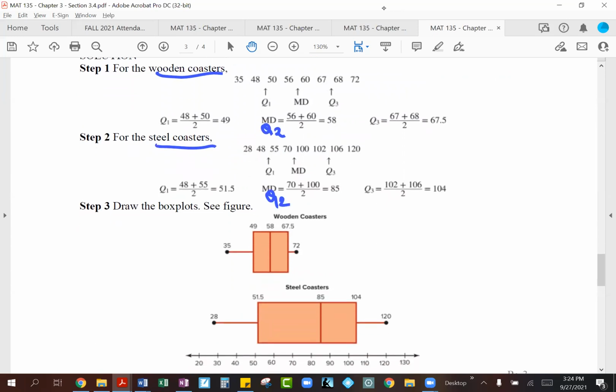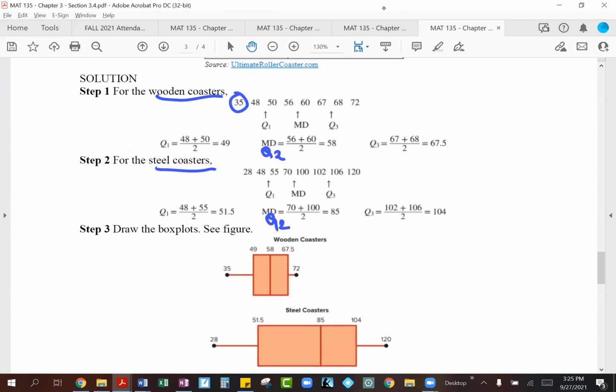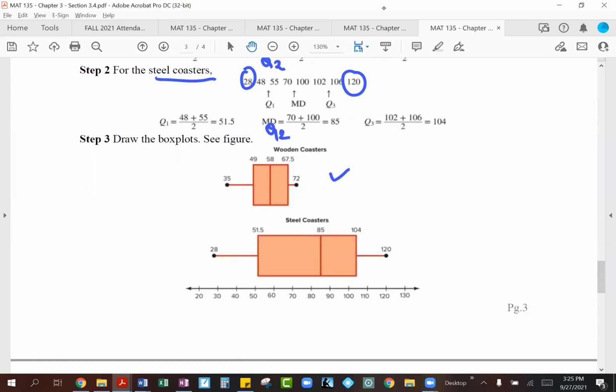And then once you have your 5-number summary, this will be the lowest and the highest, we can draw our two box plots on the same horizontal axis. And now you can see, of course, the wooden roller coasters have a slower speed compared to the steel ones. And that's just because of the construction material that's used in them. You cannot go too fast with the wooden ones like you can with the steel roller coasters.